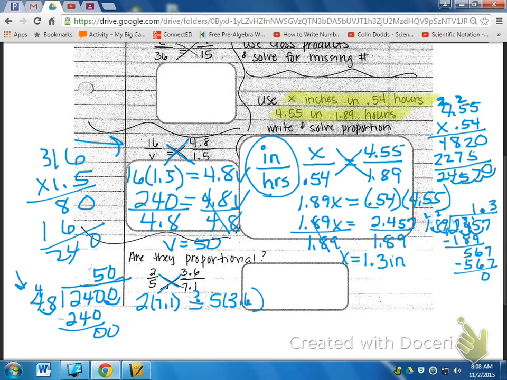Over on the right, that would be 14.2. Over on the left, looks like it would be 18. So the answer, because they are not equal, what do you think? Are they proportional? No. When those two multiply out and they're exactly equal, yes, they're proportional. If they're not, then definitely not.